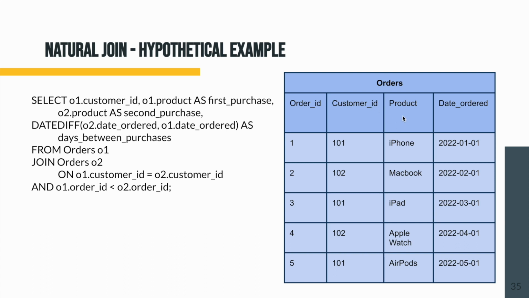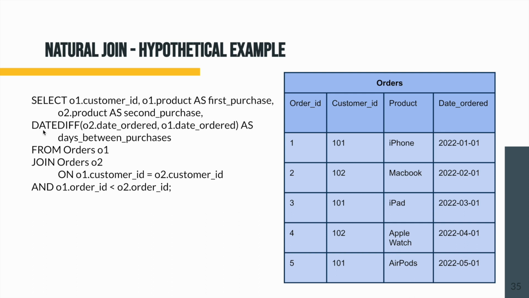I'm taking products from table 1 as first purchase, and products from table 2 as second purchase, renaming the column as first purchase from the first table and second purchase from the second table.